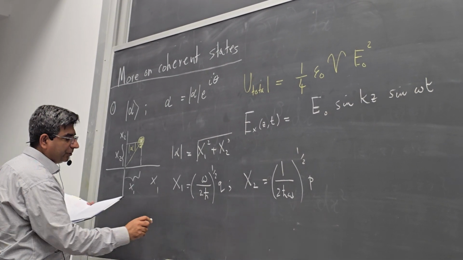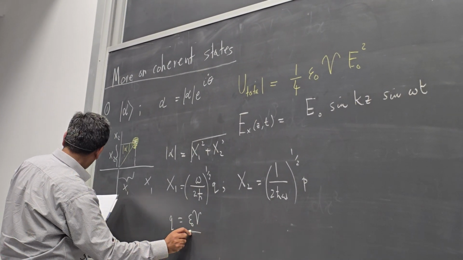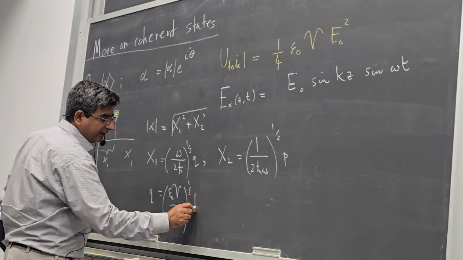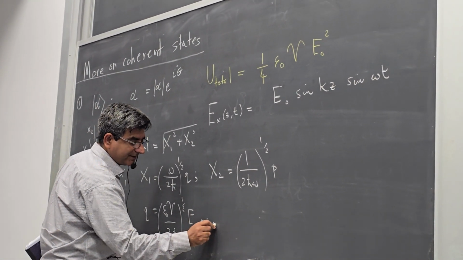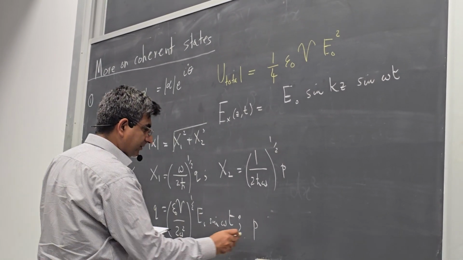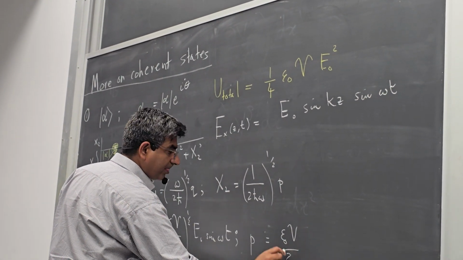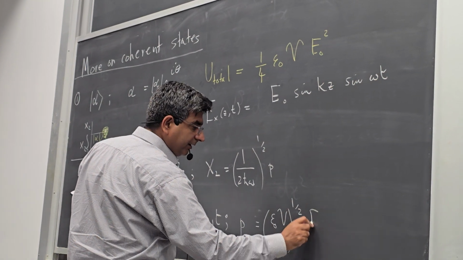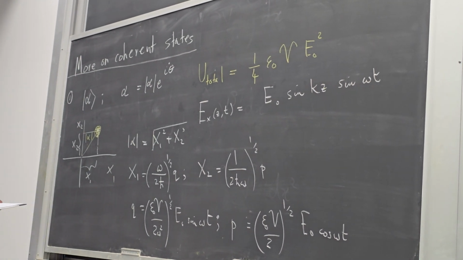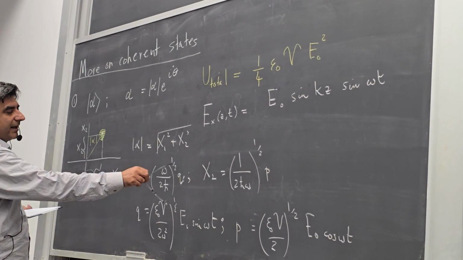We also know that our q is given by the square root of epsilon naught v over 2 omega squared times E naught sine omega t, correct? And our p, which is the derivative here, is given by the square root of epsilon naught v over 2 times E naught cosine omega t, correct? Right, so this is our q, this is our p, this is our x1, this is our x2.